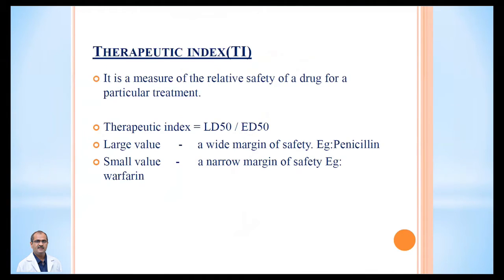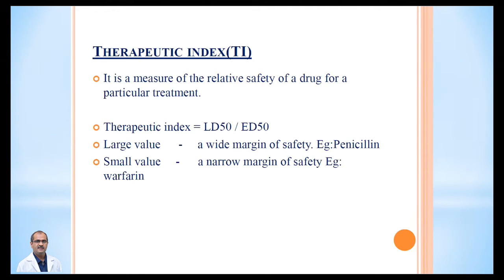Now, another important terminology, the therapeutic index. It is a measure of relative safety of a drug for a particular treatment. Usually the therapeutic index is the equation LD50 divided by effective dose 50.